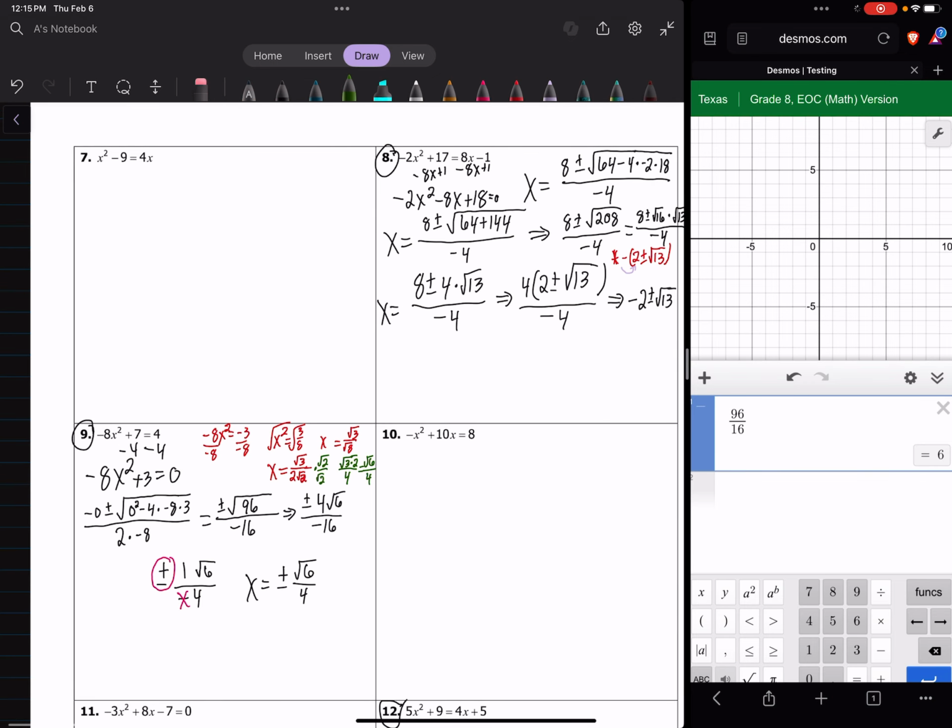Go ahead and try 7 and 8, and then I'll show you 12 and let you try number 11. When you're solving 7 and 8, you should get these answers. X is equal to 2 plus minus square root 13. X is equal to 5 plus minus square root 17.